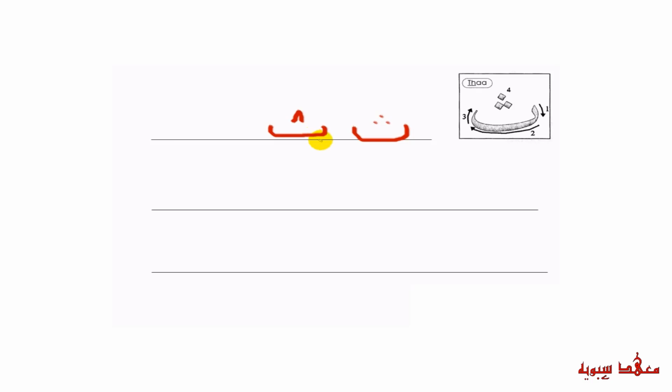Now let's get to the beginning of a word. Now it doesn't matter which dot you put first. There's no preference. So that's the beginning. Then we have the middle, so it's coming, and then and finally the end.